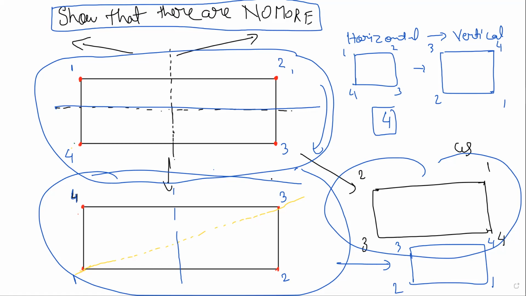Should we go into more? Let's not go into more variations, but I just want to show the difference. If you look at a square and you look at a rectangle, both of them have 4 symmetries. Oh no, sorry, obviously square does not have 4 symmetries.